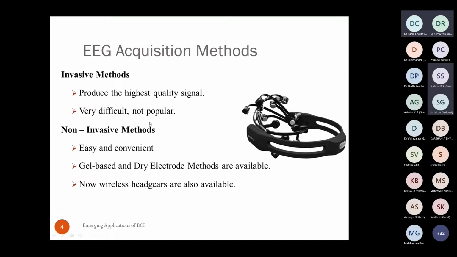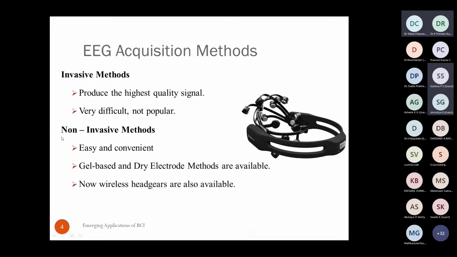There they had monkeys and mice. They performed operations on those animals and inserted electrodes inside their brain, so very high quality signals were produced. Those are called invasive methods, and they are not popular in human beings.